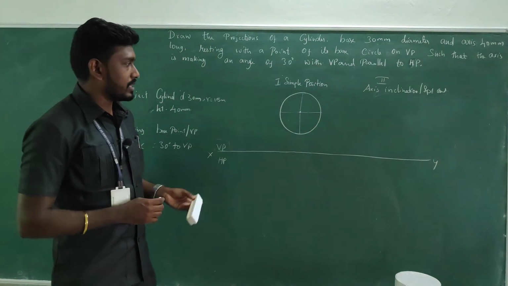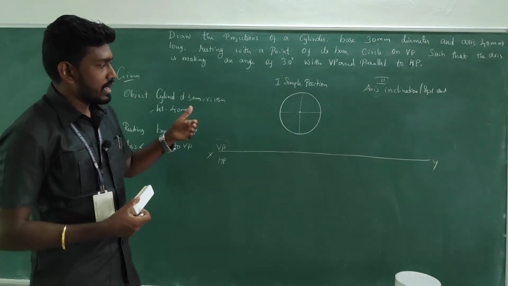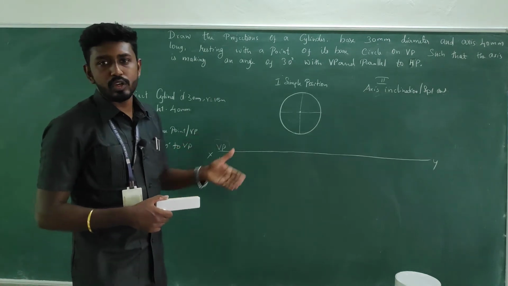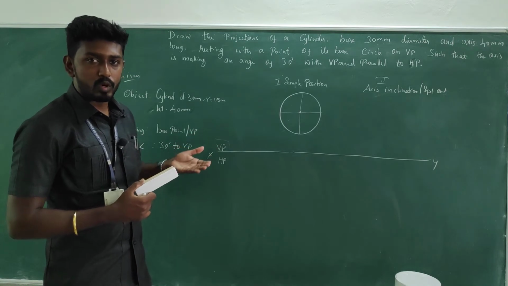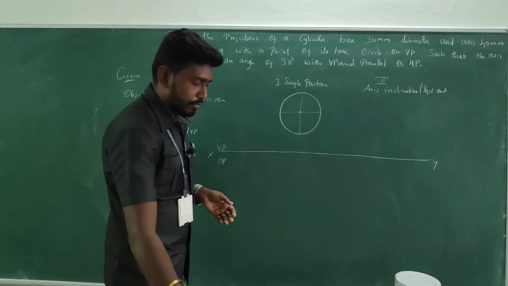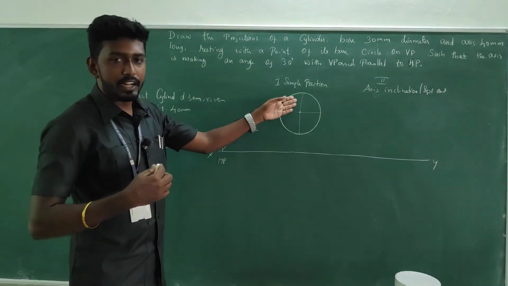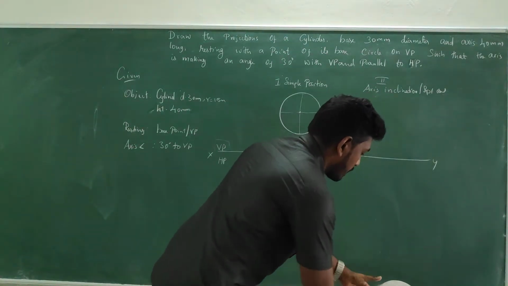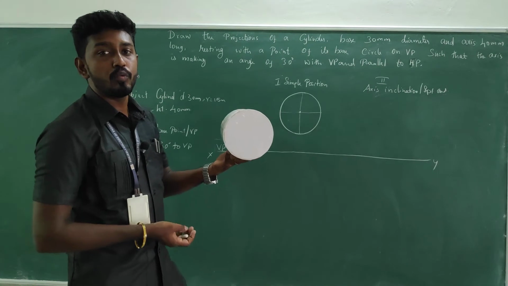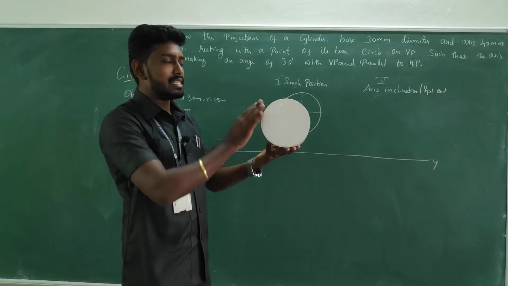Four is recommended. If you are willing to divide it into 8 equal parts, it's very good, you will get better shapes. Here I have divided it into 4 equal parts. It's a cylinder, so it has two bases, top base and bottom base.